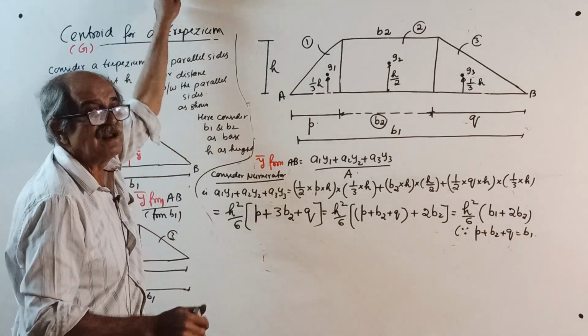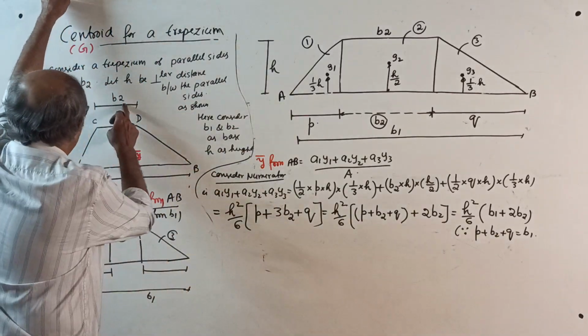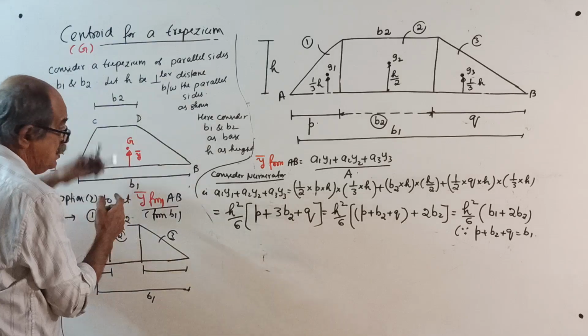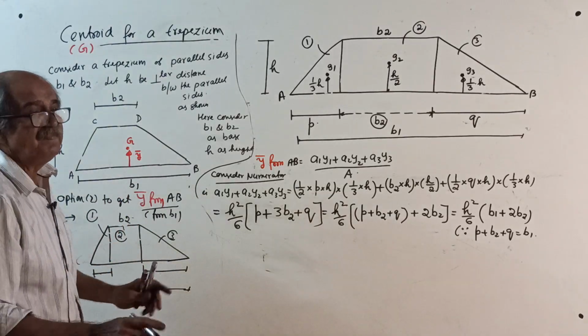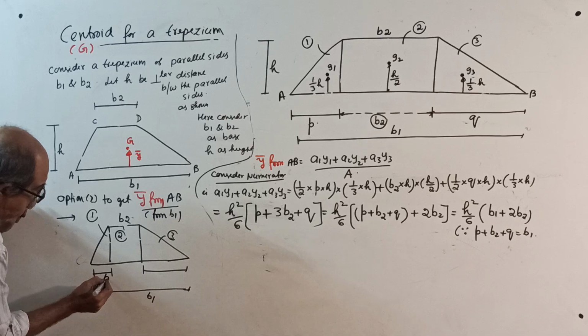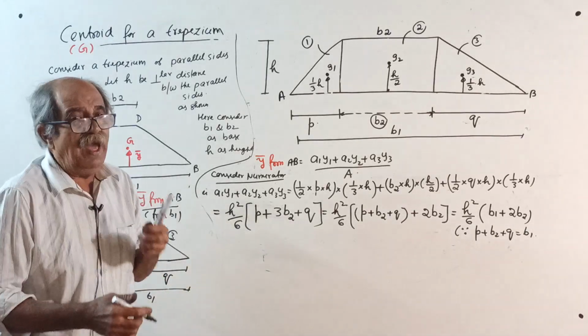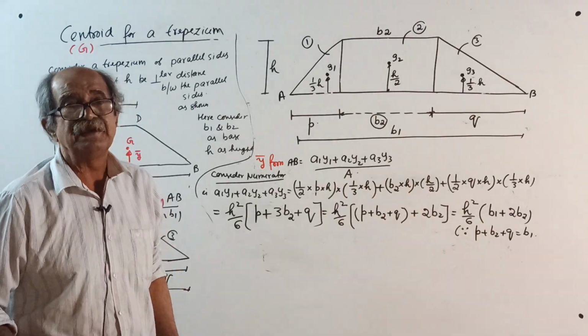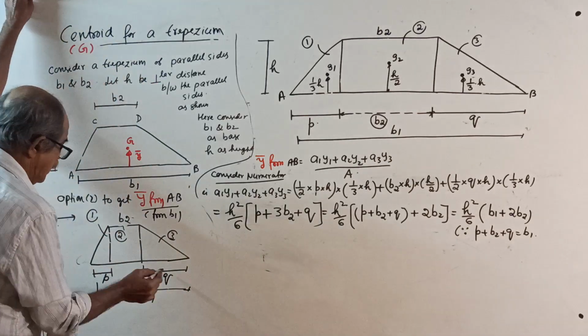It does not matter. In the expression just now we got only B1, B2 and H will come. Now, to understand, let us consider the two offsets are different. Let this left side offset be P, right side be Q. I first thought of taking B dash, B double dash. No dash. Some other symbol, PQ. This is P and Q.